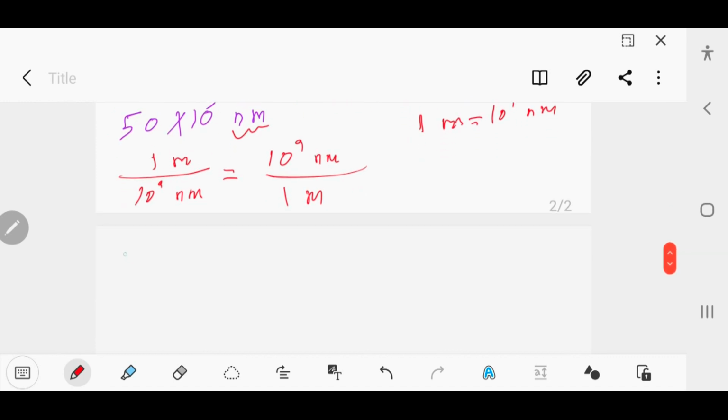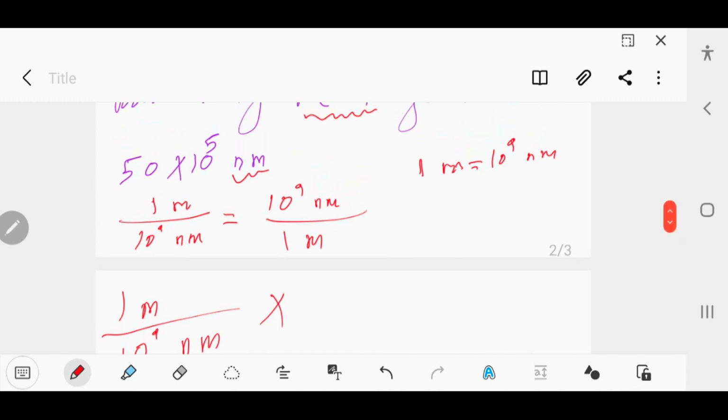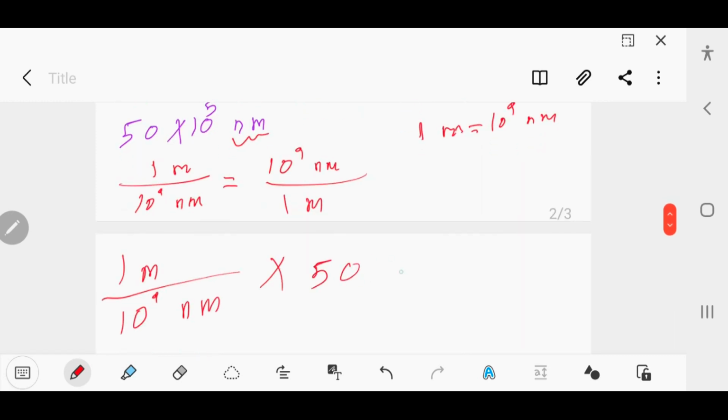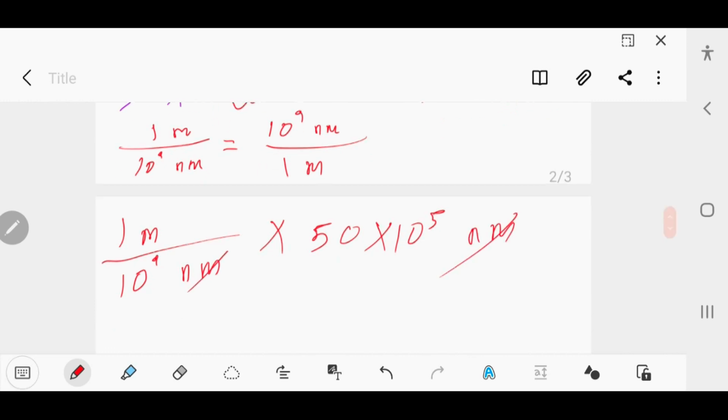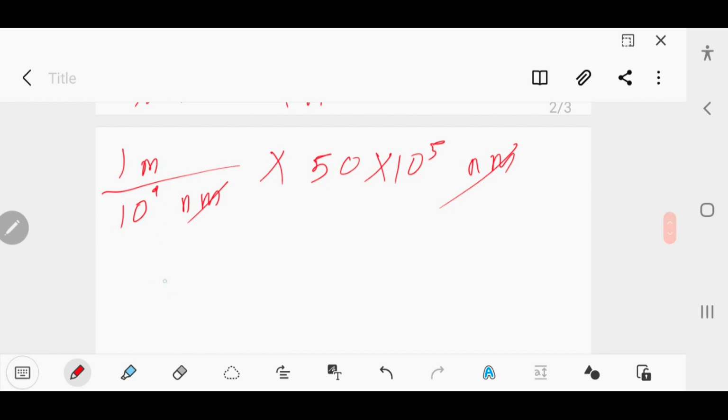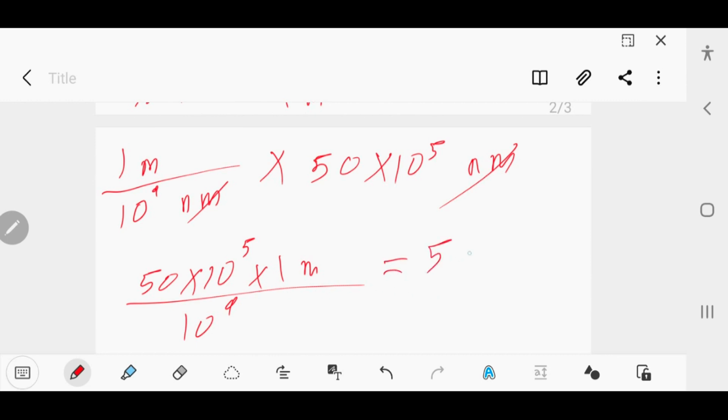So it will be 1 meter over 10 to the power 9 nanometer times the number here, 50 times 10 to the power 5 nanometer. Nanometer with nanometer cancels, so we will have 50 times 10 to the power 5 times 1 meter over 10 to the power 9, which is, let's say, 5 times 10 to the power minus 3 meter.